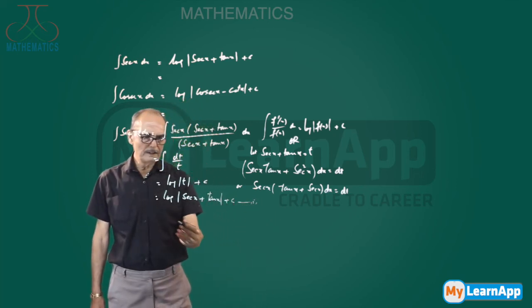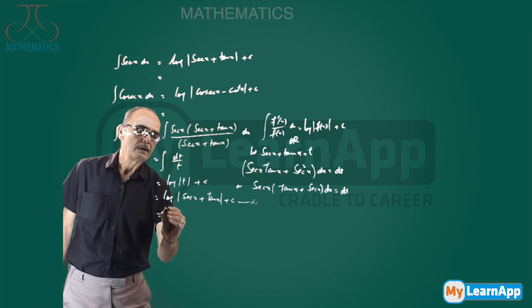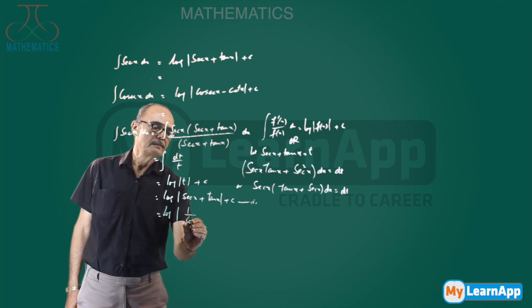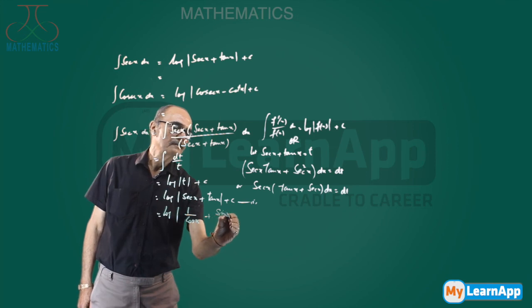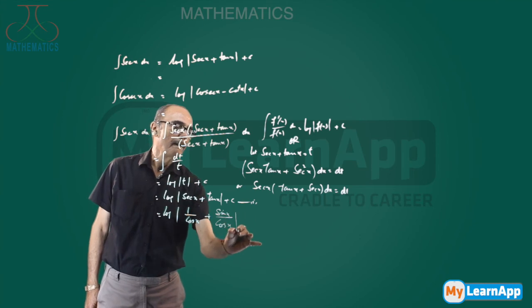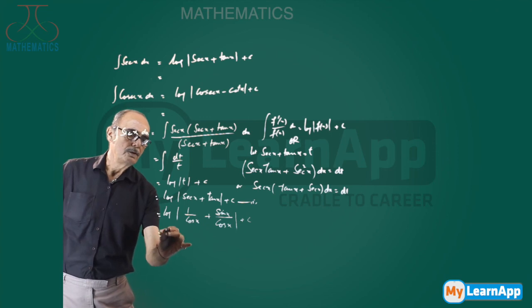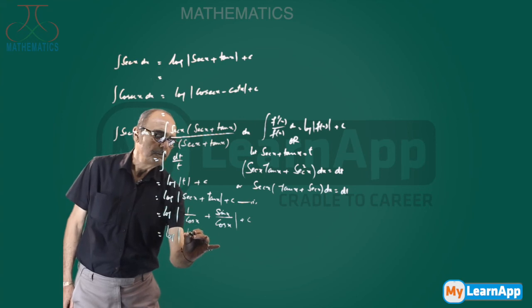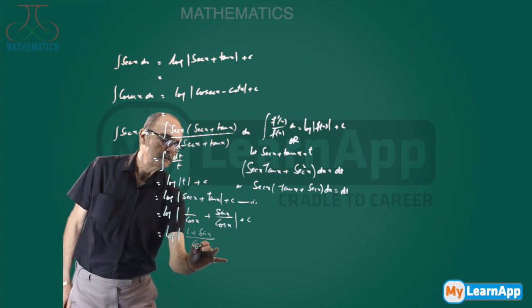If you want to go one step further, secant x is 1 by cos x, so this becomes log of 1 by cos x plus sin x upon cos of x plus c, or this is equal to log of 1 plus sin x over cos of x.